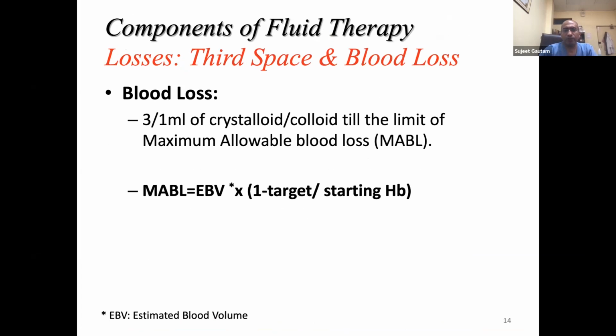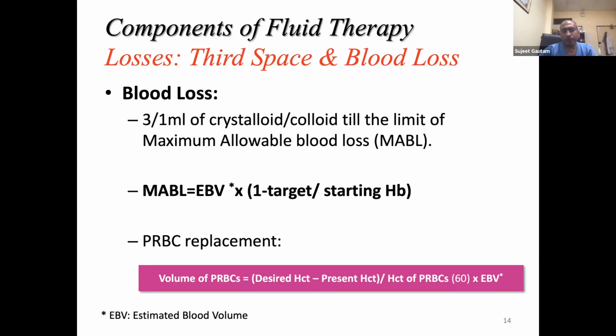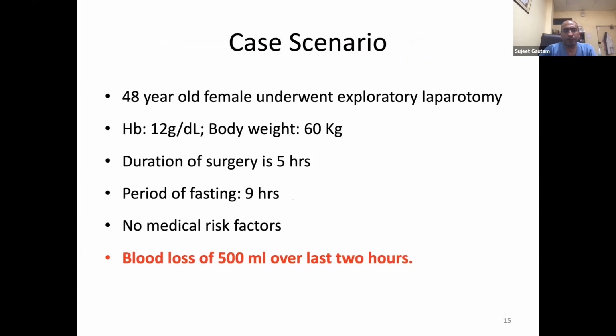And if a patient crosses this limit of maximum allowable blood loss, and we are using PRBC, how much volume should be used depends on the hematocrit of the substitute we are using. For example, for PRBC, we consider hematocrit to be to the tune of 60.